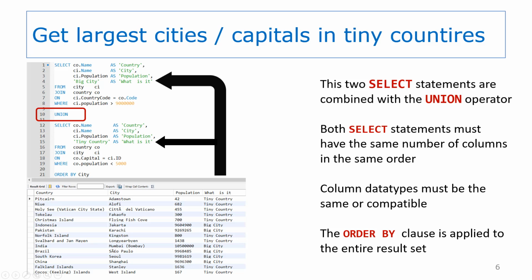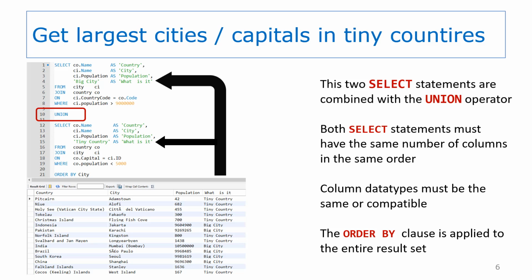It turns out that you can combine two or more result sets into one using the SQL union operator. The union appears between the select statements as shown on this slide. Although it may be difficult to see the details, what we have on this slide are the two select statements that were used earlier. In addition to adding the union operator, I've added a column named What Is It to both of the select statements.